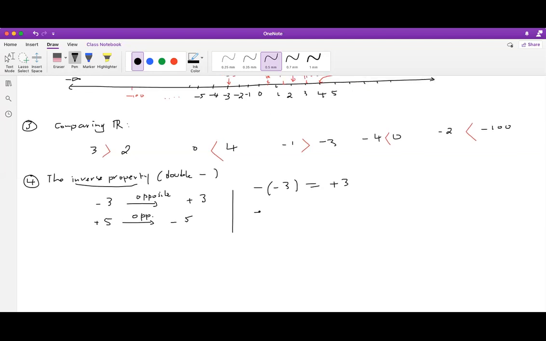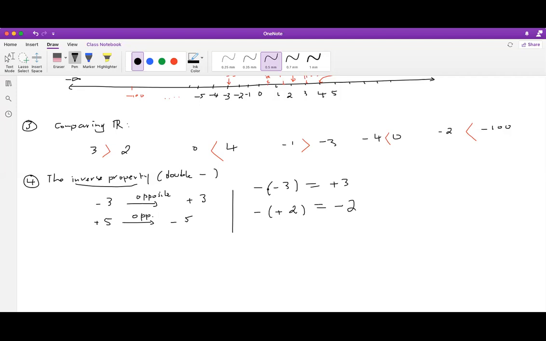Same way if you have a minus here and you have, let's say, +2. Always read the first negative as the opposite and then find the opposite of that number. What is the opposite of +2? The opposite is -2. So next time you see these signs in expressions when you do the order of operations, think of it that way.